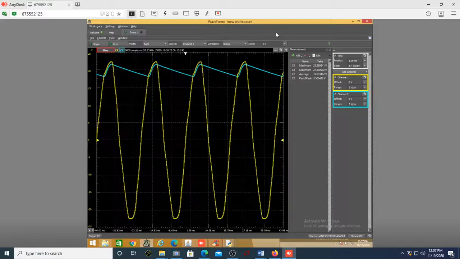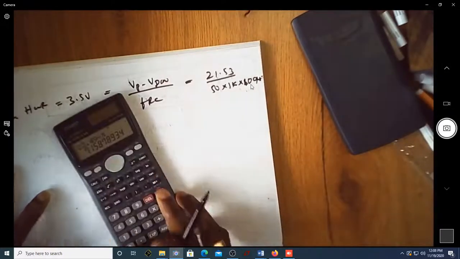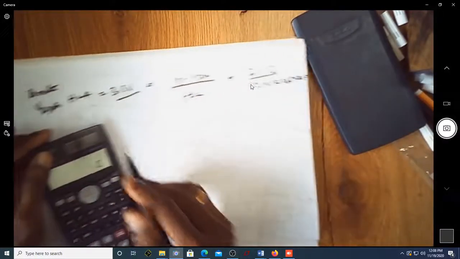So these are the values we have. Let me just show you that. So this is fRC. f is 50 Hertz, R is 1 kilo ohm, and this is 100 microfarad. If you substitute all those things, this is how much we got practically.